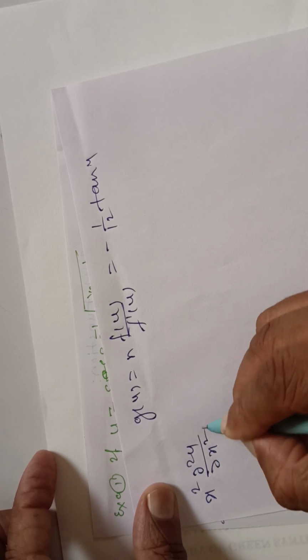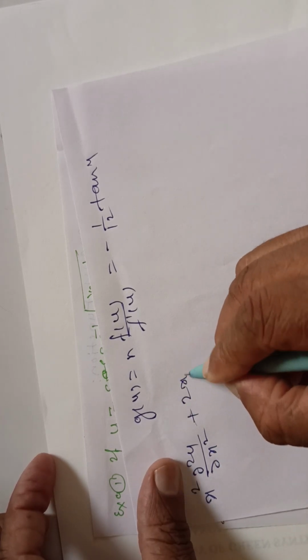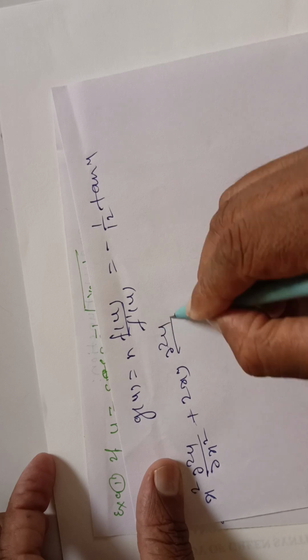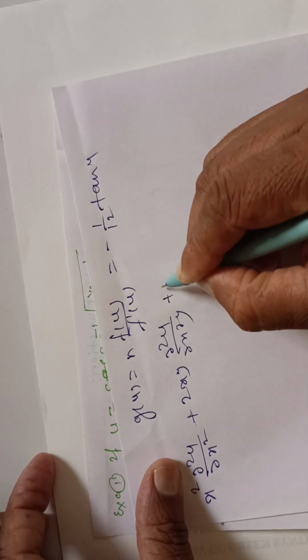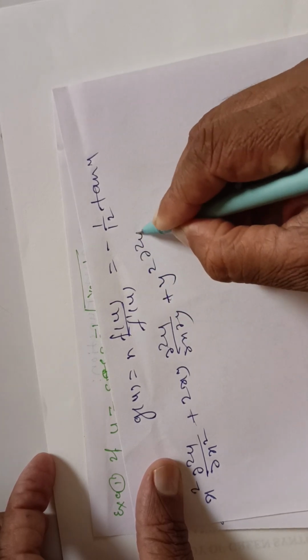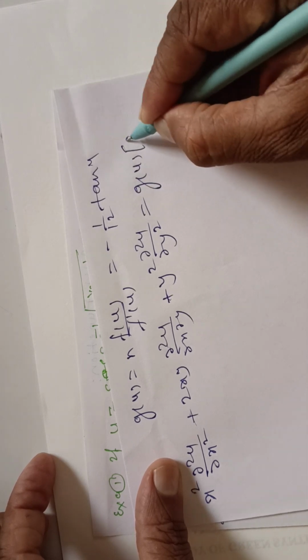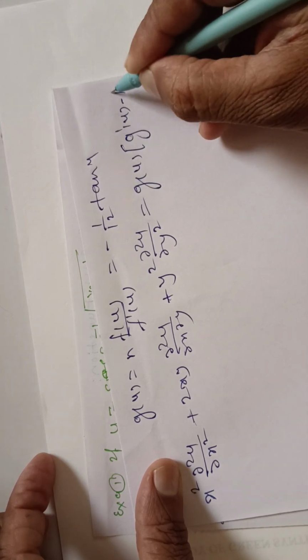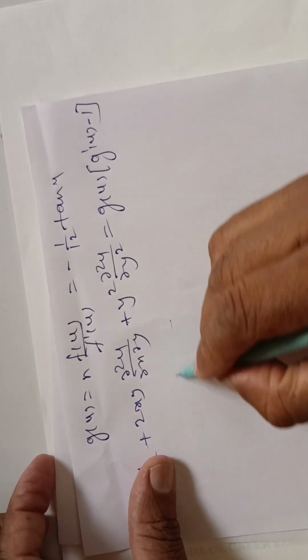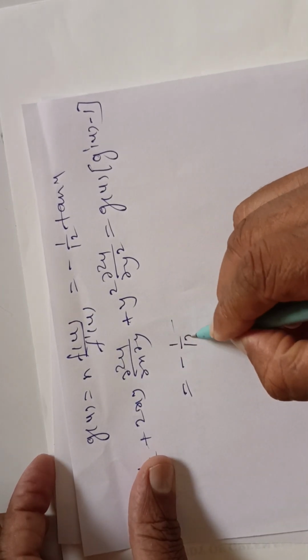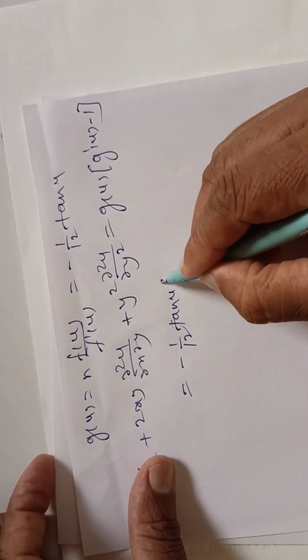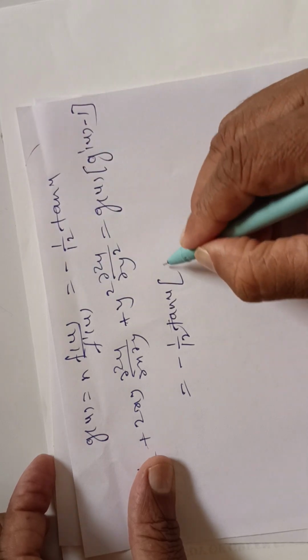And now to find the value of x square dabba square u by dabba x square plus 2xy dabba square u by dabba x dabba y plus y square dabba square u by dabba y square, it is equal to g of u into bracket g dash of u minus 1, and g of u means minus 1 by 12 tan of u. This value we can use here.